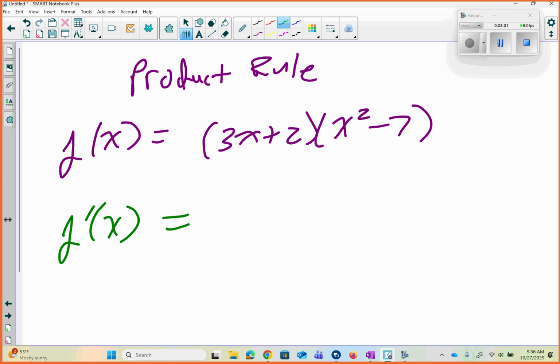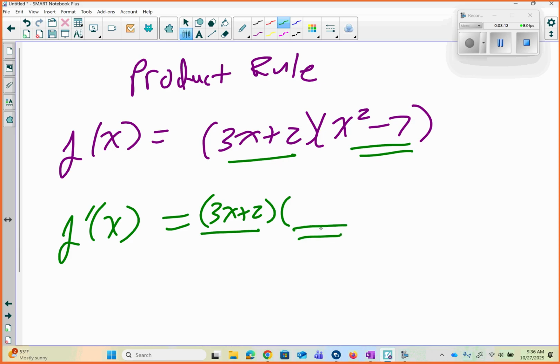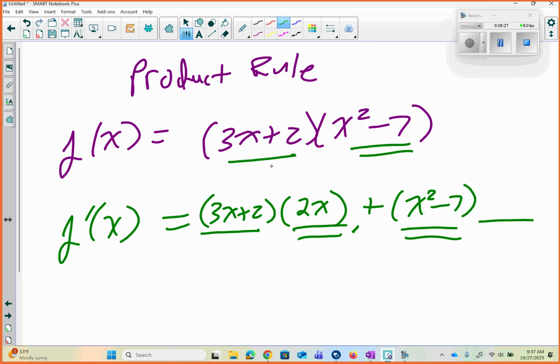So what you do, let me make sure I say it the right way. You have two parts to this, so this is going to be written like this. And then I take the derivative of the second part, which would just give me 2x. And then I plus, and I take whatever this is and multiply by the derivative of the first.